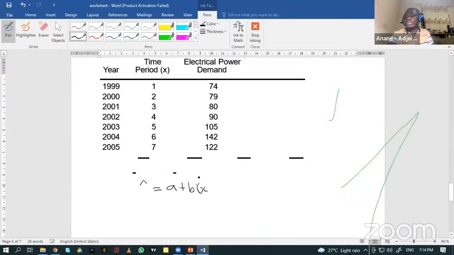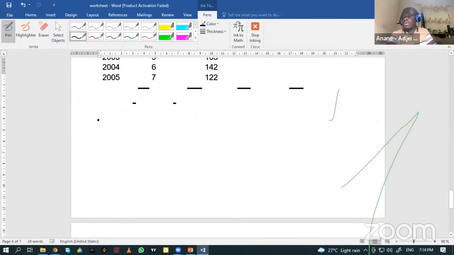So let me write it as it is. This is how we write the formula: y bar is equal to a plus bx.